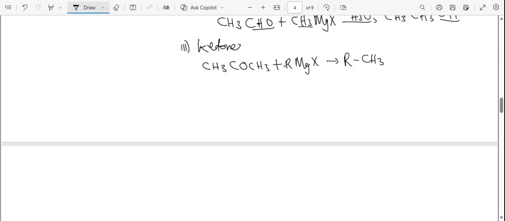Since there are two CH3 there, this one and this one, I'll bring them there. I'll say 2 there. Then there's the bond of this carbon, oxygen, which is now bonded to Mg. So I won't conclude this, but you can still polish it up.